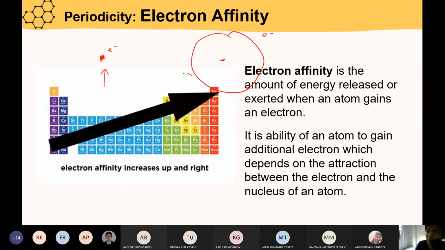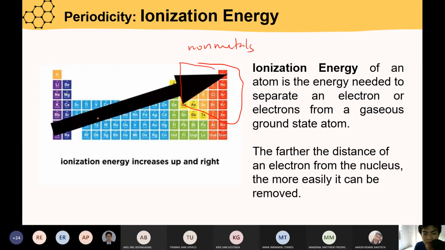Yun yung reason bakit itong mga to non-metal. Okay? Because, hindi sila masyadong attracted sa electron. They have lower electron affinity. Okay? Or they have lower ionization energy. So, ibig sabihin na, they tend to give off the electrons. Okay? Ako wala silang pake. Sa inyo na electron ko.